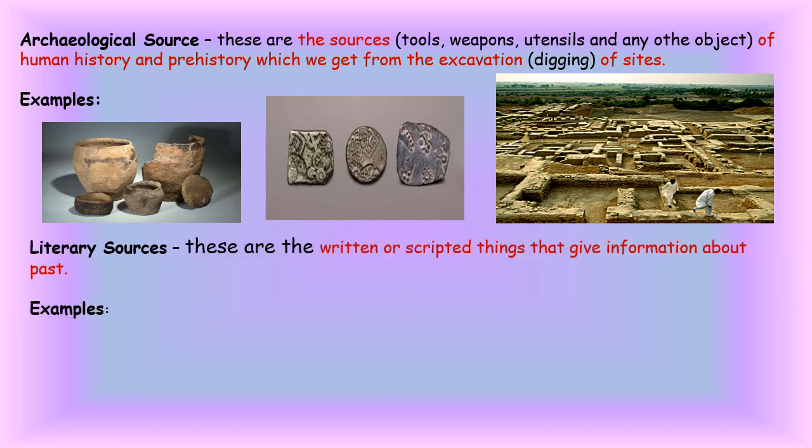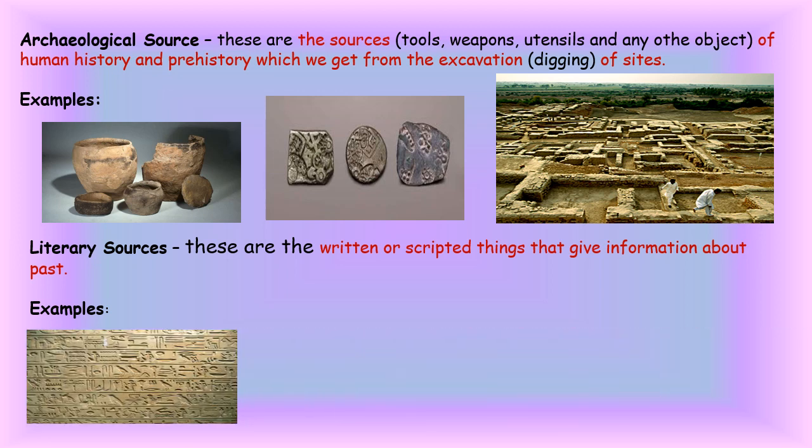Now, let's talk about literary sources. These are the written or scripted things that give information about the past. Okay, children? Or we can say literary means written sources of the past. When we talk about literary sources, we talk about only history because history provides us recorded events.